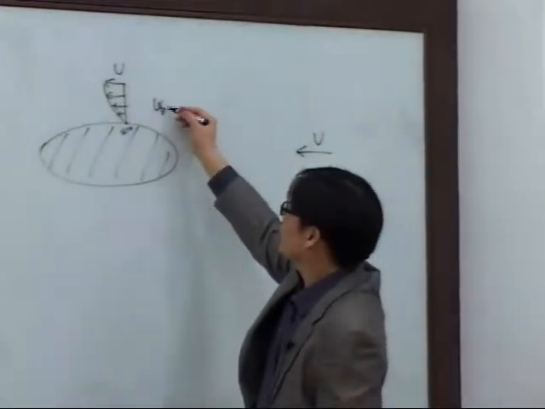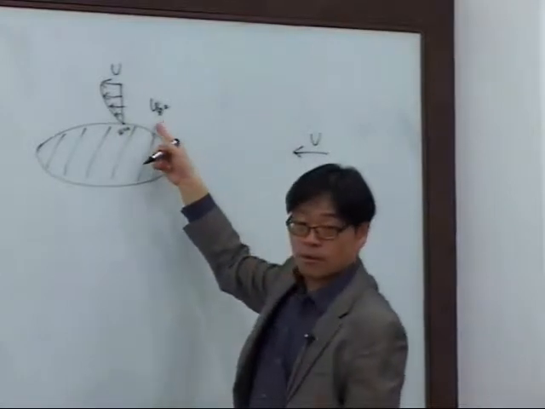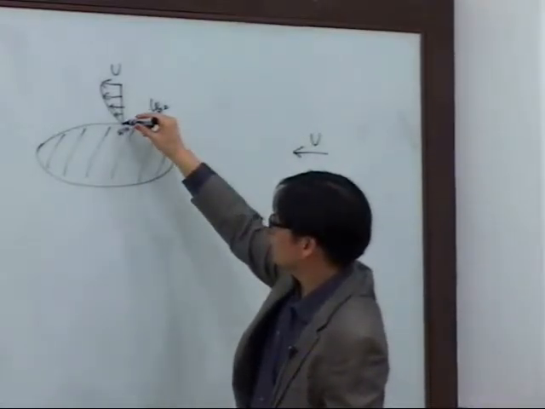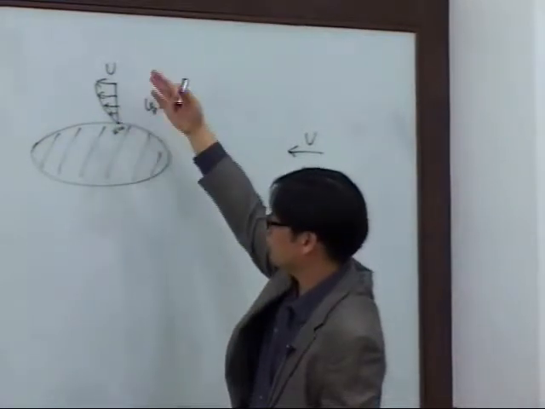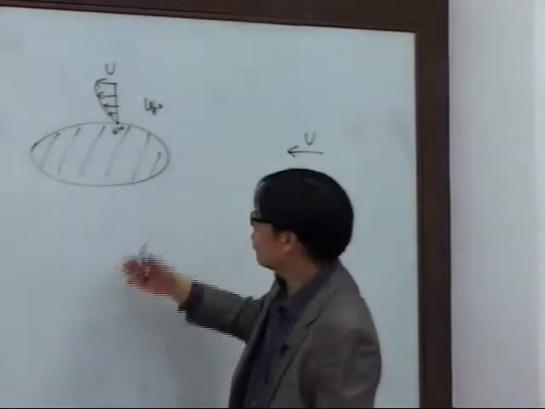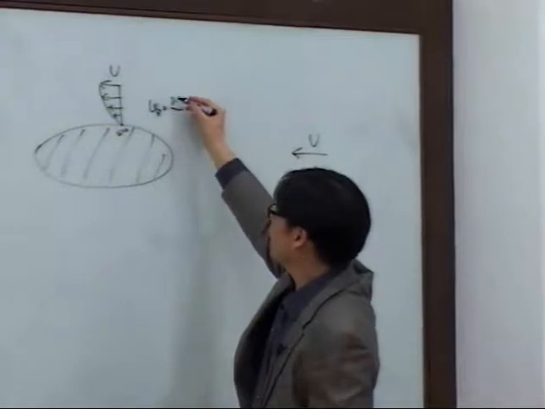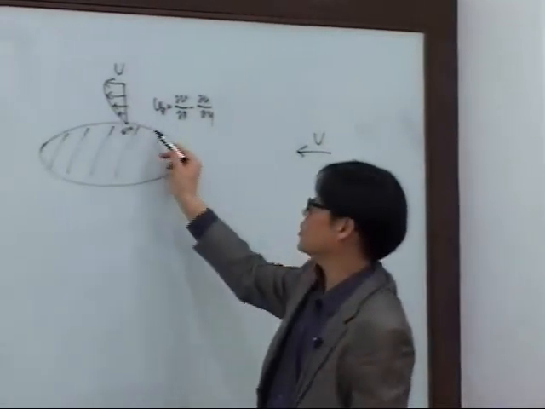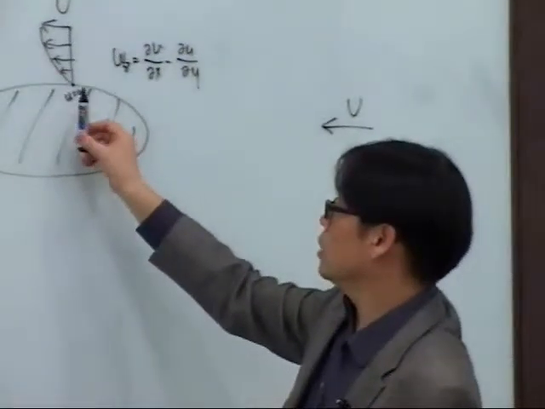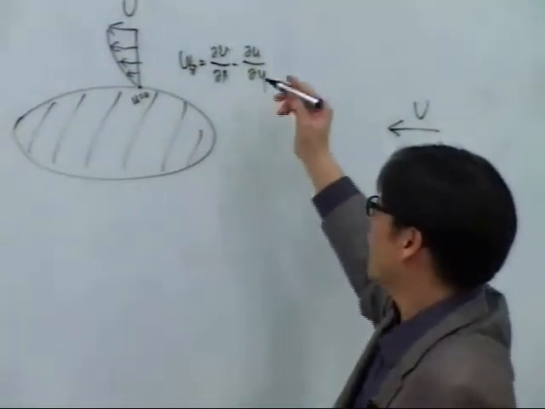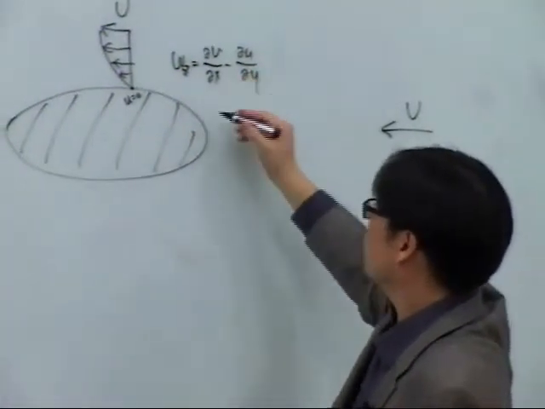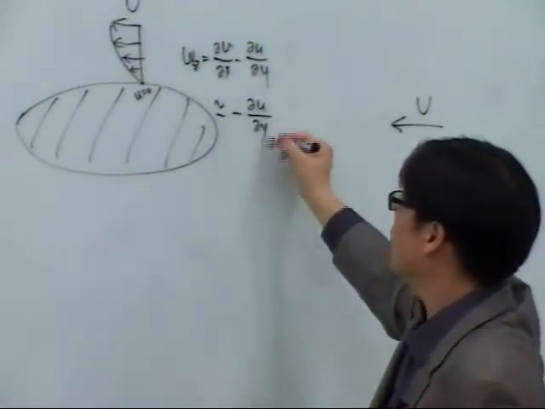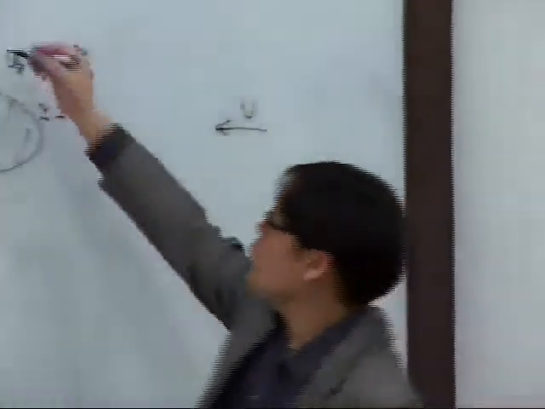Then if you look at the vorticity component which is perpendicular to this whiteboard, it is given by dv/dx minus du/dy. If this curvature is very small, then this is negligible. So vorticity will almost be determined by du/dy.